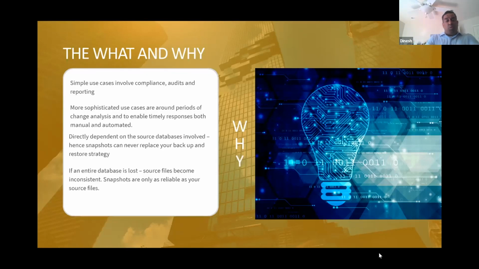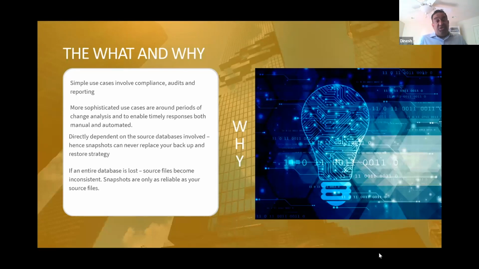As far as the why is concerned, I think Keith has showed you some examples of business use cases involving data science, machine learning, data in transit, and so on. But there could be very simple use cases that involve compliance, audits, and reporting. It's really a supplement to how you do your database backups.